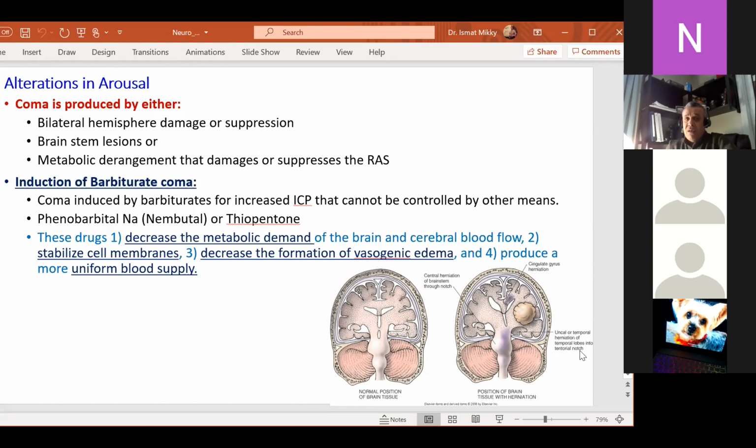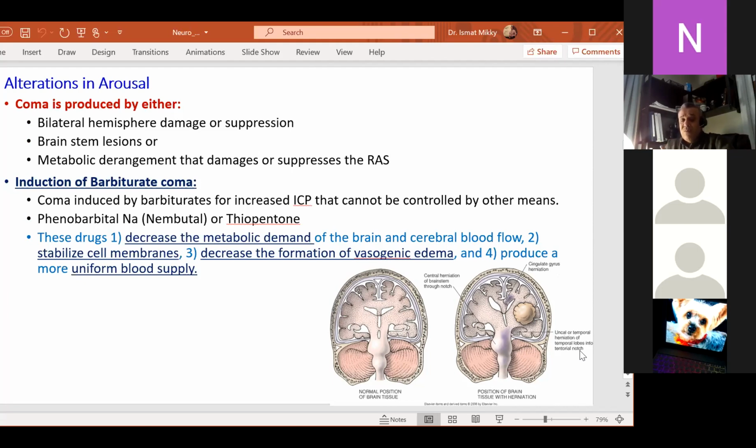In order to stabilize the brain cells and limit their metabolism, we induce the patient to go into coma by administering medications called barbiturates, like phenobarbital. The patient will be monitored under mechanical ventilation.